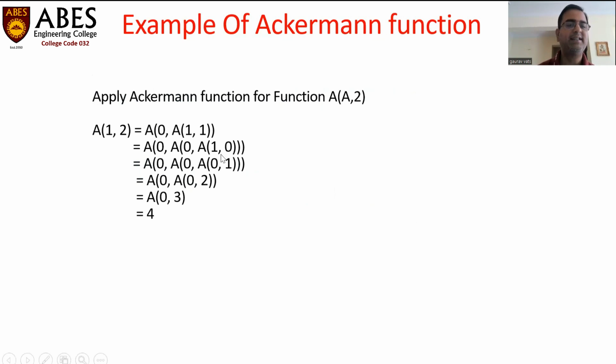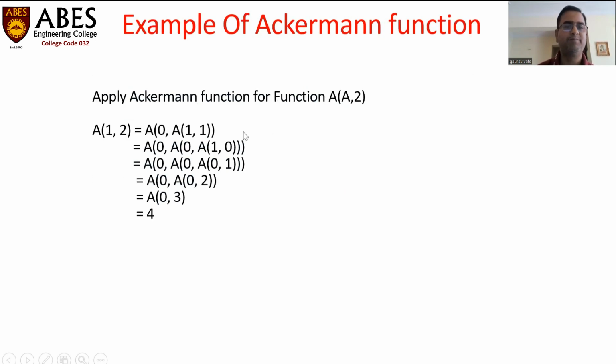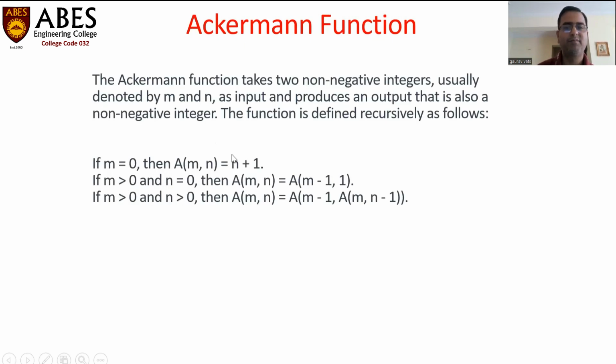Here m is greater than 0, but the value of n is 0. So it will follow the second condition: m is greater than 0, but the value of n is 0. So it will give a result like this: A(m, n) is equal to A(m minus 1, 1). Now see, A(1, 0) will provide you A(m minus 1, 1), that means 1 minus 1, and the second argument is 1.